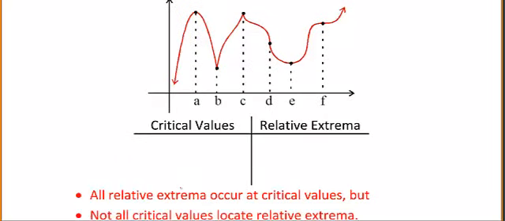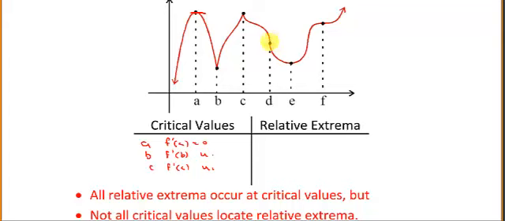So notice here that we have the critical values at a, because f prime at a is 0, we'd have a horizontal tangent there. At b, f prime of b is undefined. I'll just put a u here. At c, f prime of c is also undefined.